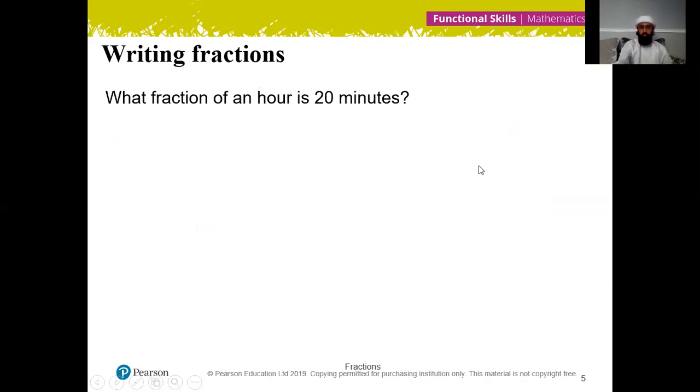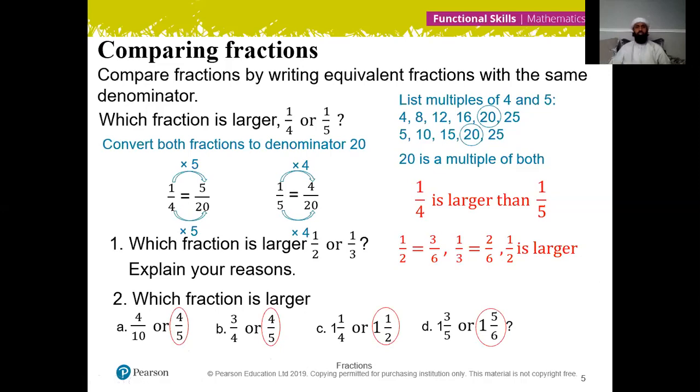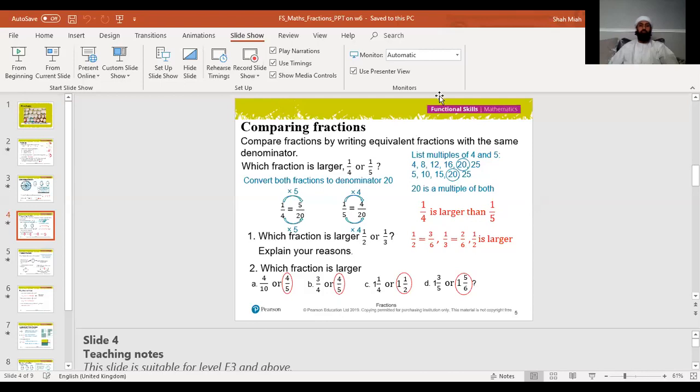But before I move on, notice what some of you probably had difficulty with is mixed fractions. If you have had difficulty with mixed fractions, what I'm going to do is share a screen with you so we can actually go through mixed fractions.